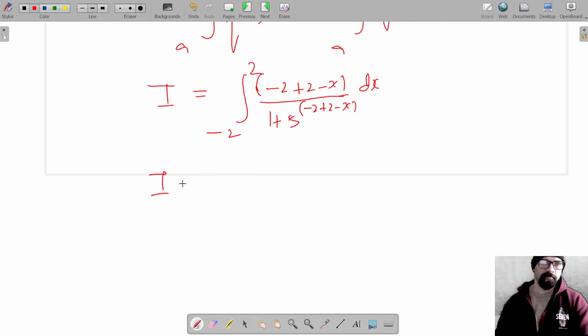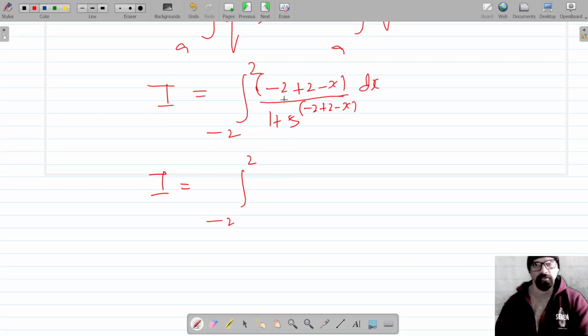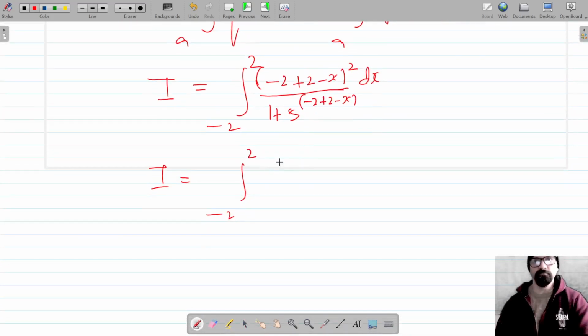So I is equal to the integral from negative 2 to 2 of, this becomes negative x squared, the negatives cancel, over 1 plus 5 raised to negative x, dx.